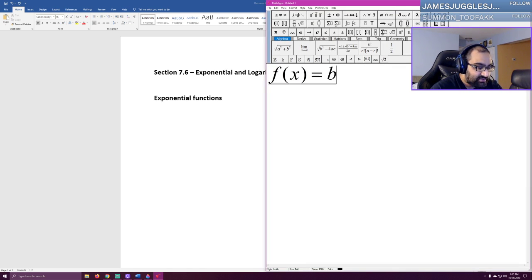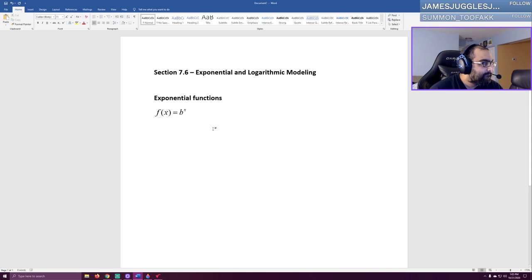It says f of x is equal to b to the x power. This is how pretty much every exponential function is going to look. With every exponential function, what do we call b here? b is the base, and x is the exponent, okay?